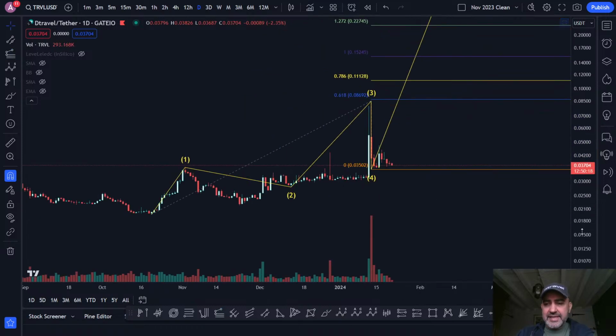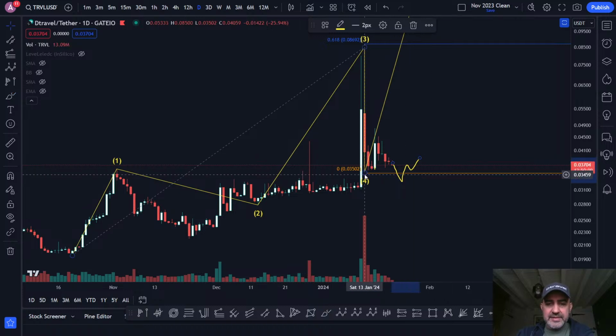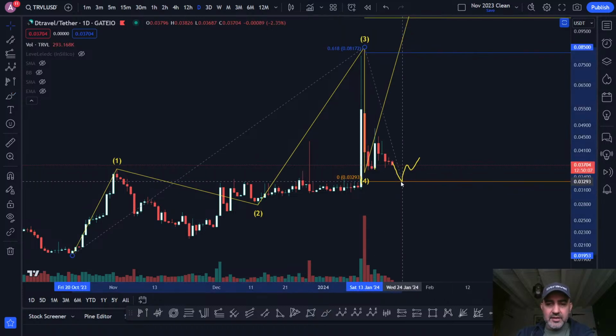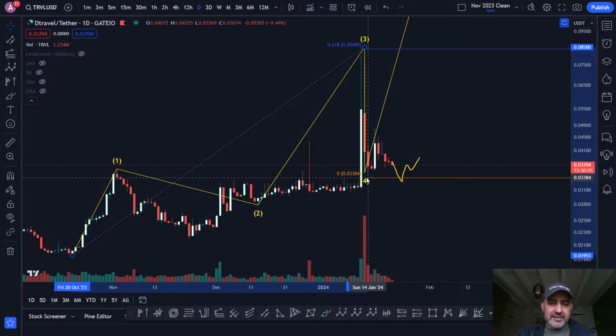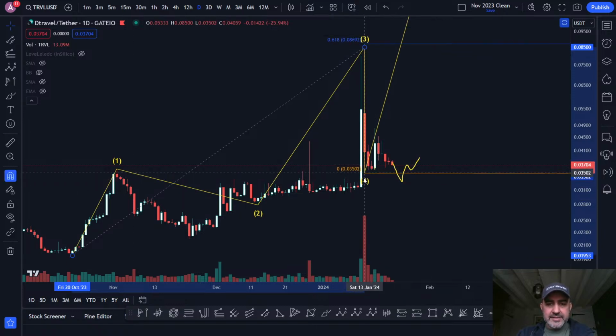And obviously we have to see how far this price comes. Maybe it comes a bit lower, who knows? Like if the price comes like that, then obviously this 4 would be to there, wherever the price comes. At the moment the price is here.